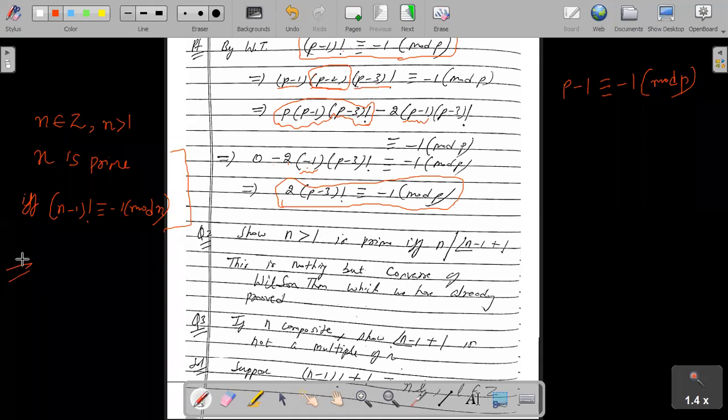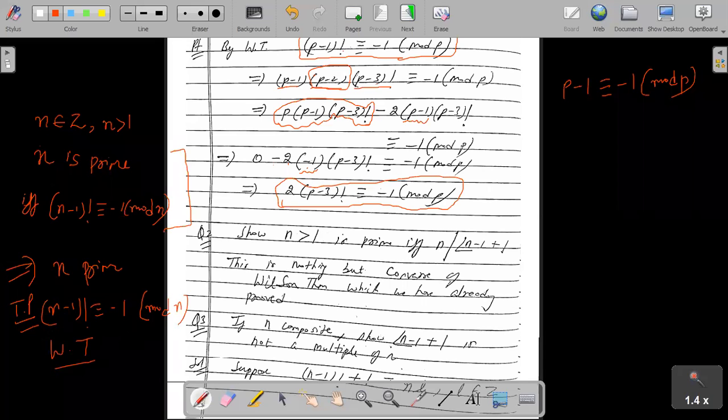So if n is prime, you have to prove that (n minus 1) factorial is congruent to minus 1 mod n. And this is nothing but Wilson's theorem: if P is prime, then (P minus 1) factorial is congruent to minus 1 mod P. And what will the converse be?